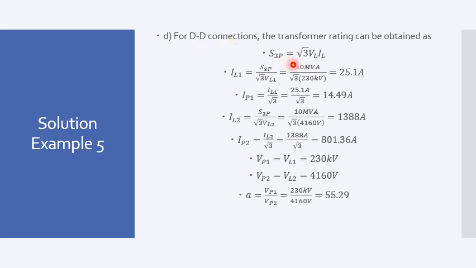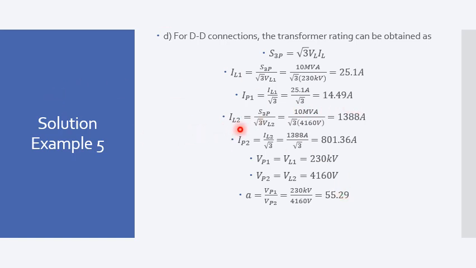Now for question D, what is the transformer rating for delta-delta connection? Firstly, use this formula S total equals √3 V line I line. Then calculate I line for the primary side. Using this formula, S divided by √3 V line 1 is 25.1 A. Because of delta, we have to calculate the phase current equal to the line current divided by √3, which is 14.49 A. Same goes to the secondary side.